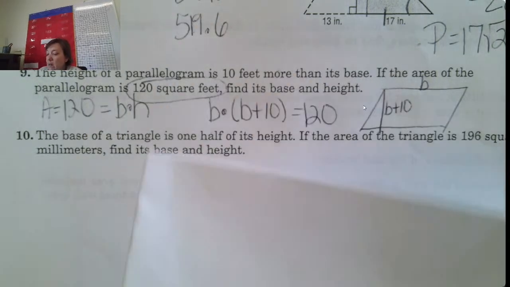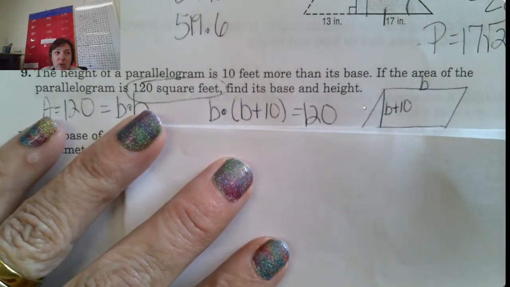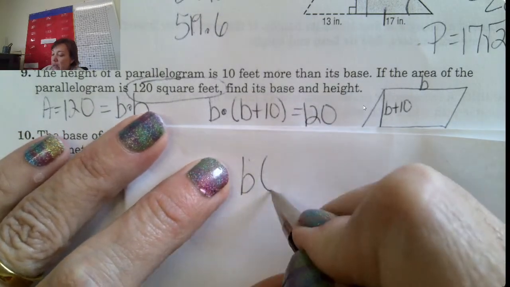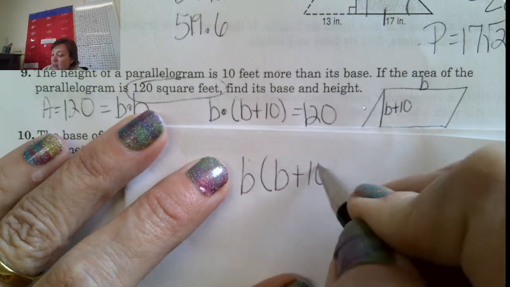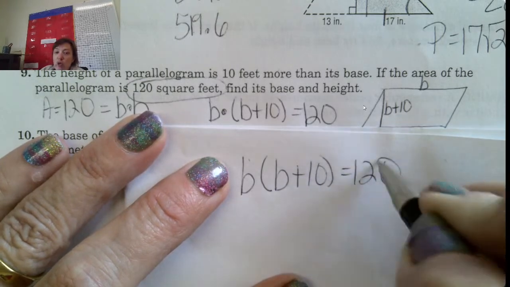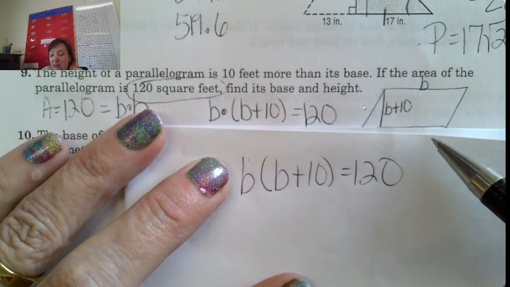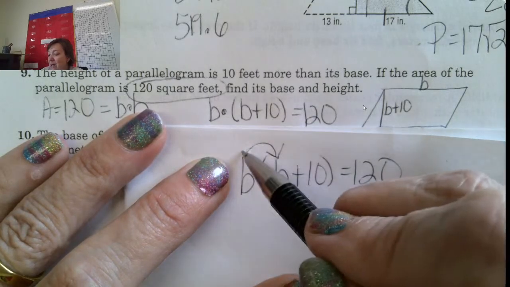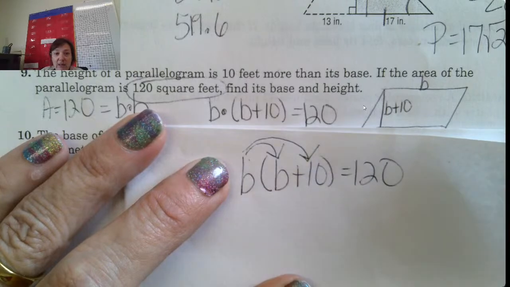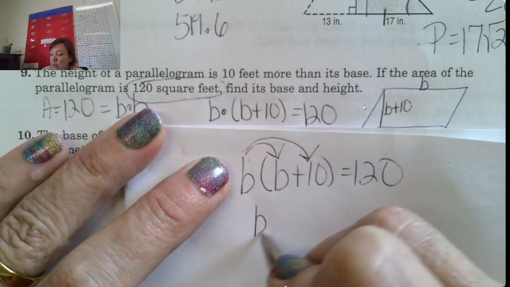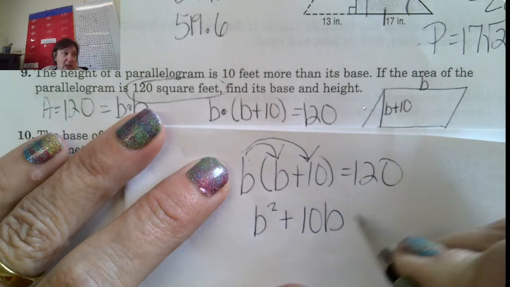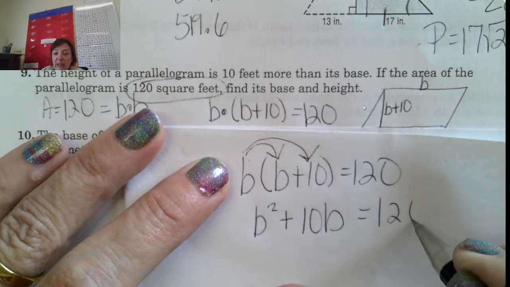Now, a few of them had gotten this far. But what they messed up on is when they multiplied. When you multiply this, you're multiplying base times base and base times 10. So that's going to give you base squared plus 10b equals 120.